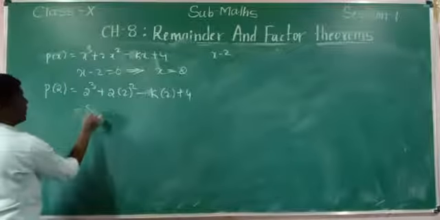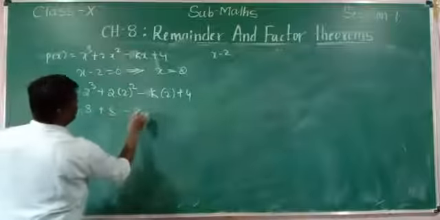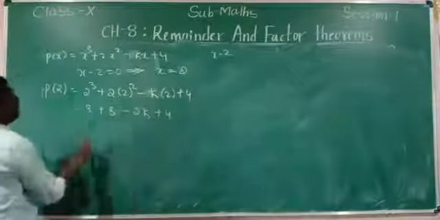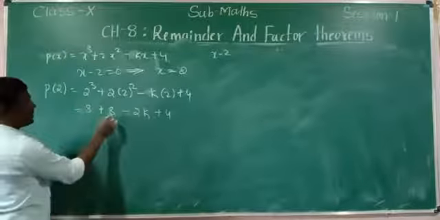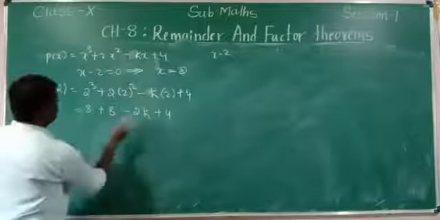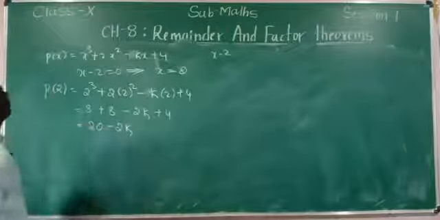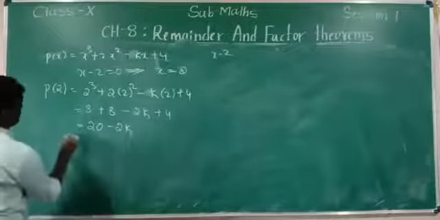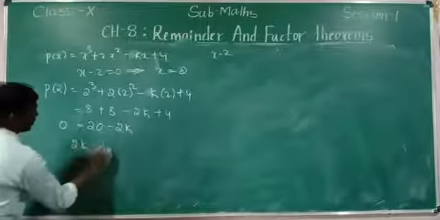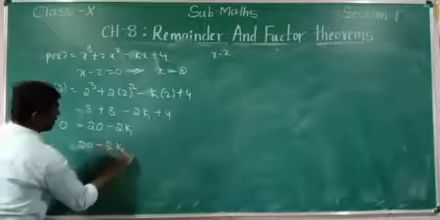2 cube is 8 plus 2 square is 4, 4 twos are 8, minus 2k plus 4. 8 plus 8 is 16. 16 plus 4 is 20. 20 minus 2k, right? So which is equal to 0. Now 20 minus 2k which is equal to 0.